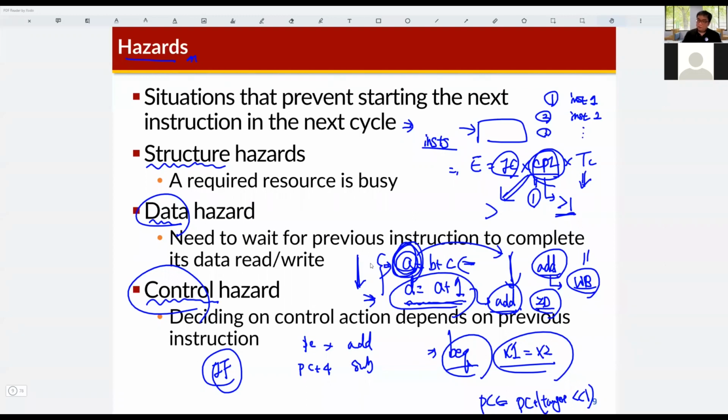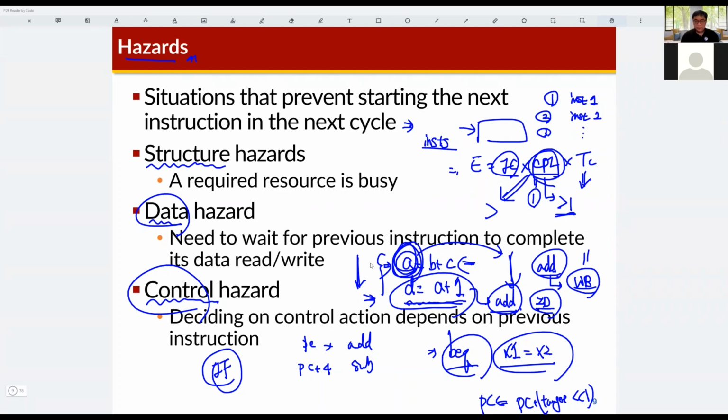And this result is determined in the EX stage, so it will take time. Usually the processor needs to wait until the branch is resolved. That means the clock cycle is wasted. That is the hazard. It is called the control hazard because the hazard is caused by control instructions.